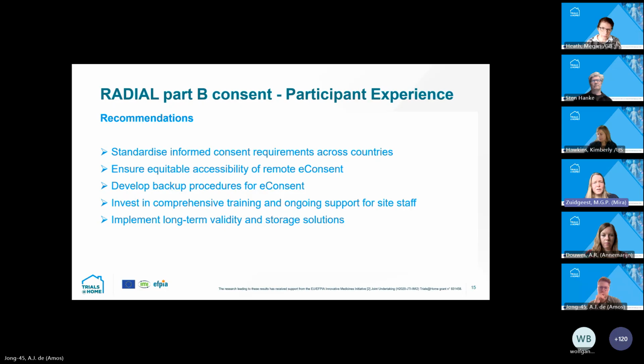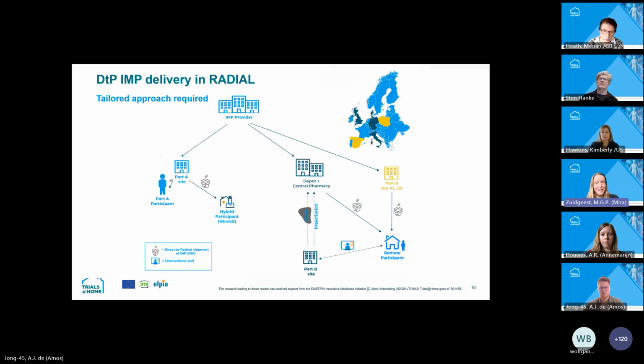So you need to have an alternative way to do consent if the way we programmed it did not work. We had that backup through paper consent. And it's good to invest in comprehensive training for site staff so that they can help participants through the process there. So those were some of the learnings on e-consent, remote e-consent with e-identification, I have to say.